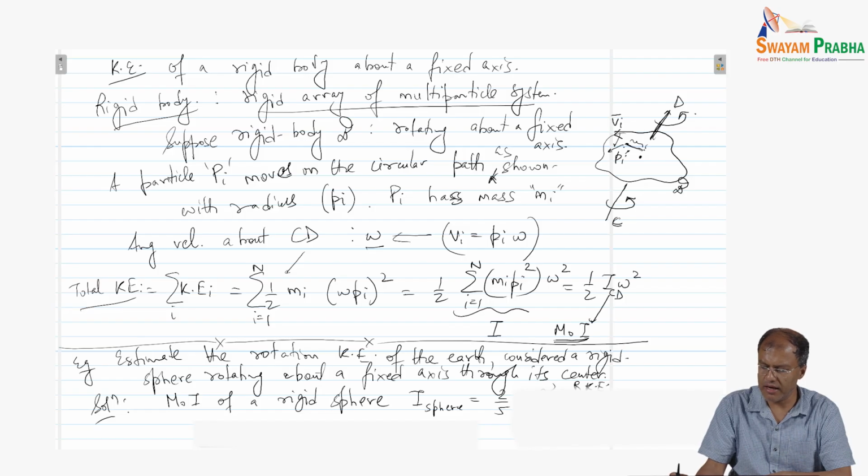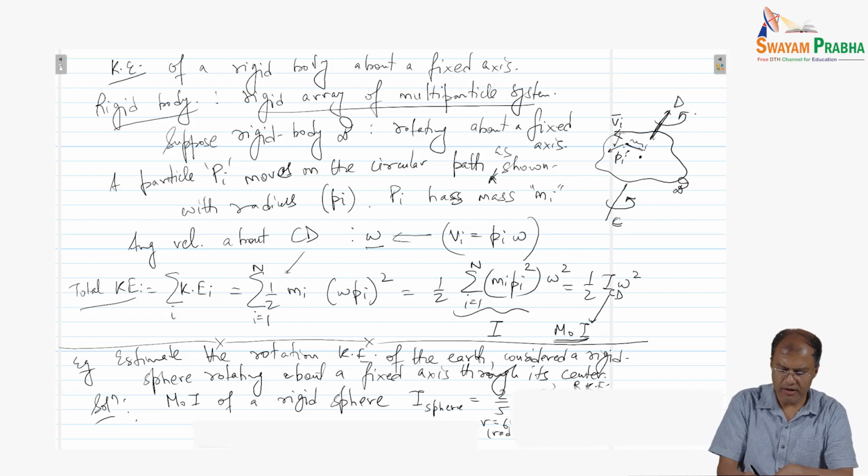So the rotational kinetic energy is equal to half I sphere times omega square, but I sphere is 2 by 5 m r square, so this is going to be 1 over 5 m r square omega square, where r is the radius of the earth. This is 6400 kilometers. Omega is 7.3 times 10 to the power minus 5 radians per second.